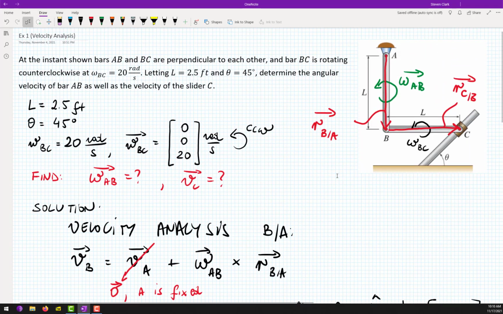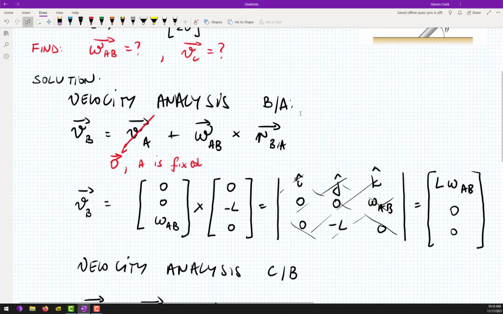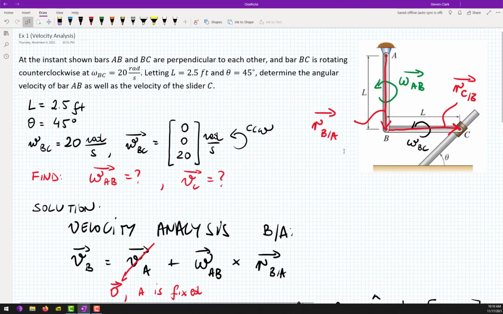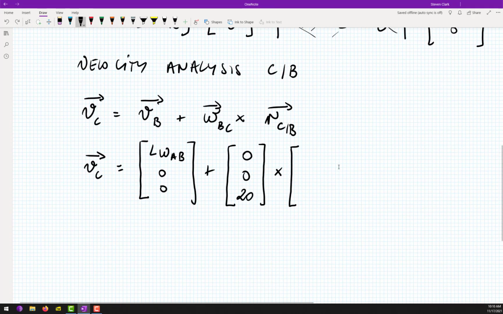It was 20, and this is rotating in a positive fashion, yes? Okay, so it's 20 times this vector. I just drew it in the picture. RCB is here, and its components are L, 0, 0.